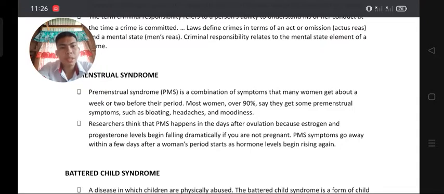Researchers think that PMS happens in the days after ovulation because estrogen and progesterone levels begin falling dramatically if you are not pregnant. Symptoms go away within a few days after a woman's period starts as hormone levels begin rising again.